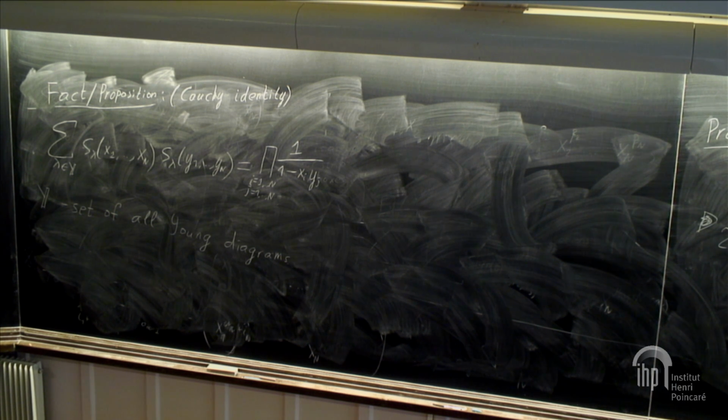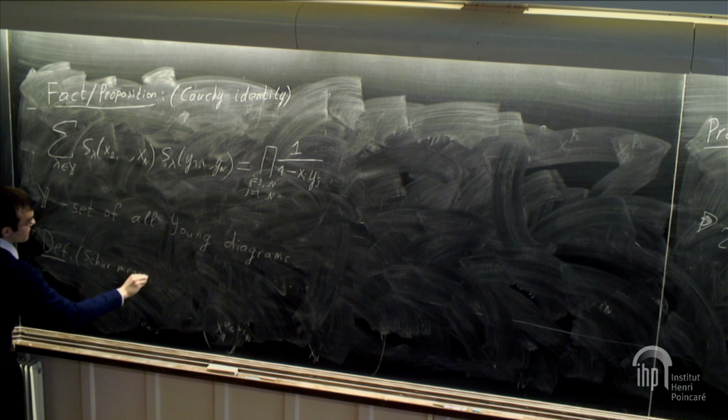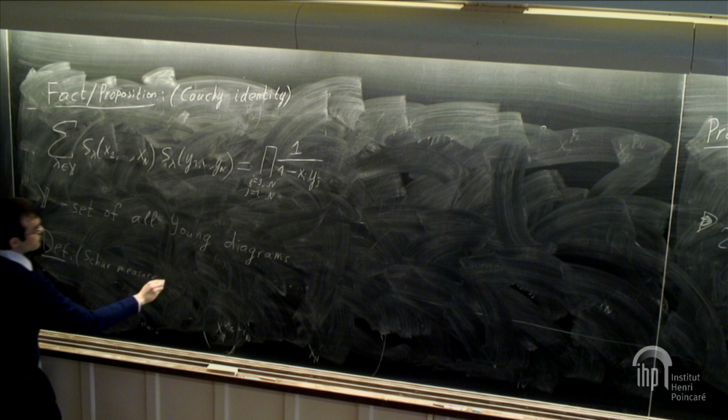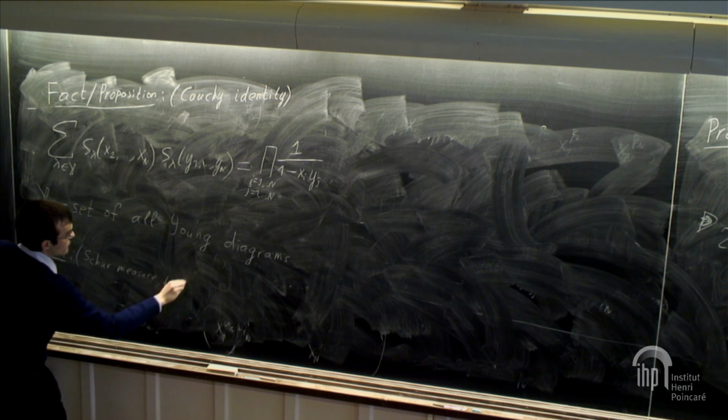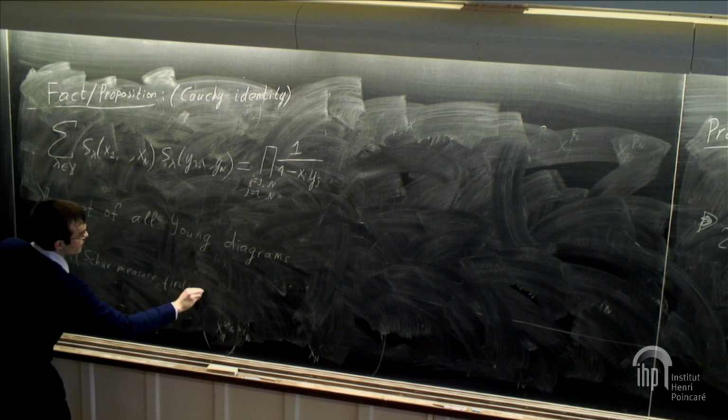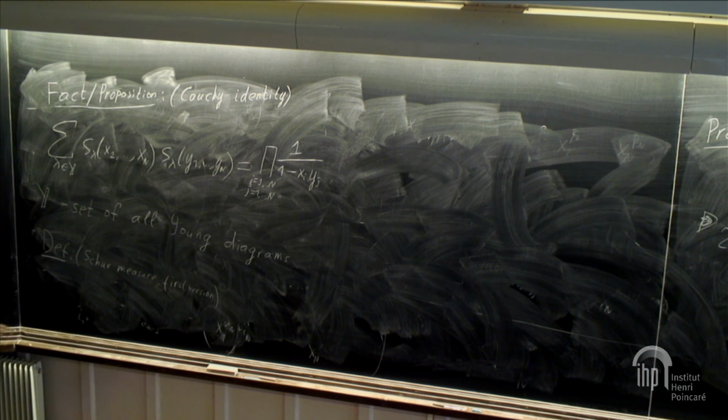When we see this object, one way to think about it probabilistically is to define a Schur measure. First version. For the purposes of this course, the notion of Schur measure is due to Okounkov.